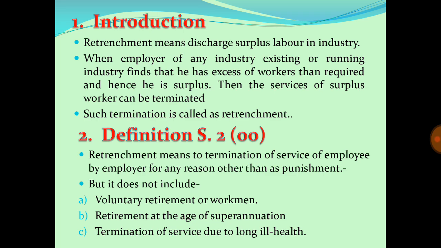There are certain diseases where there is a very rare possibility that the workman may recover and rejoin the work. In such circumstances, the employer is allowed to terminate his services for long ill health. Such cases are not included in the definition of retrenchment. In simple language, retrenchment is the termination of service of extra or surplus labor.